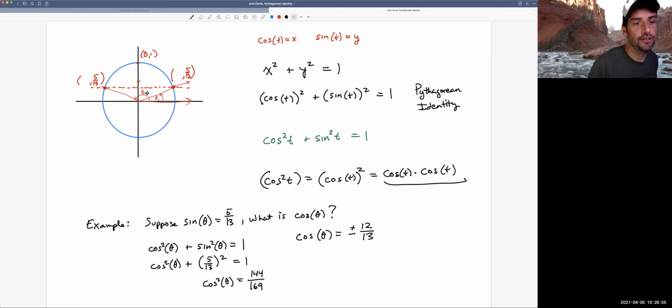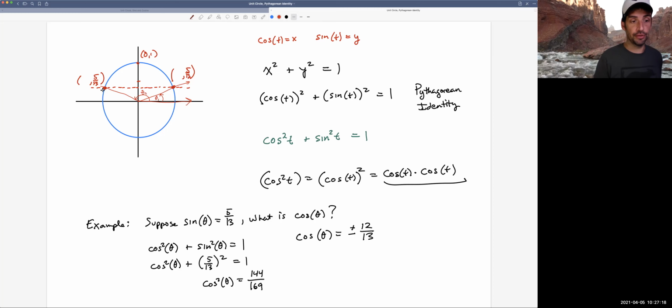Call this θ2. That has the exact same y value, right? There's actually infinite angles. I could keep drawing circles around, angles that go around and around and around and hit that one, but I'm just going to do the two simplest ones for now, right? Both of these angles would have a sine of 5/13.